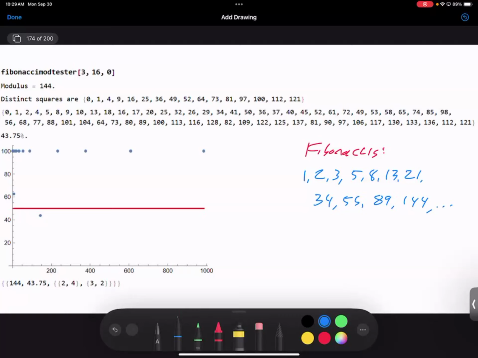So this one is 144. So it's a perfect square. And anybody want to guess what this one is over here? Look at the Fibonacci numbers: 1, 2, 3, 5, 8, 13, 21, 34, 55, 89. What do you think that number is?